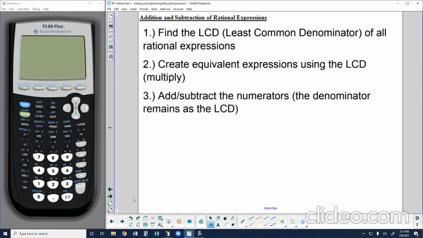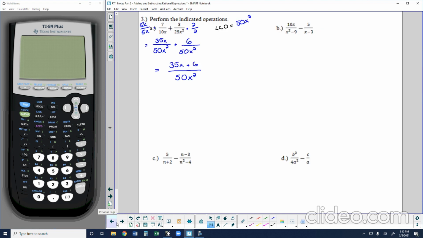Now from here, if I can, I want to simplify the expression using our rules. If I take a look at the numerator, I cannot factor it, and thus I cannot simplify this expression.